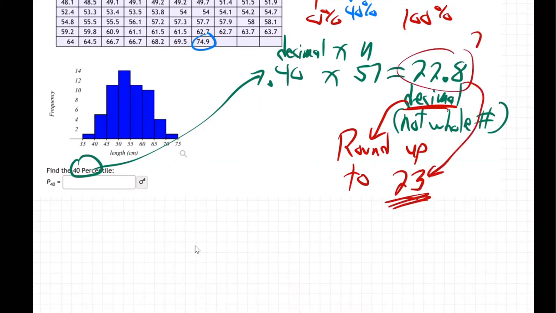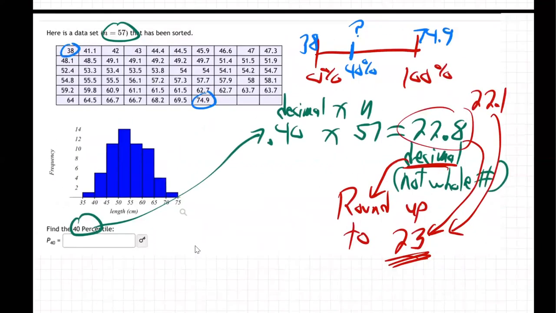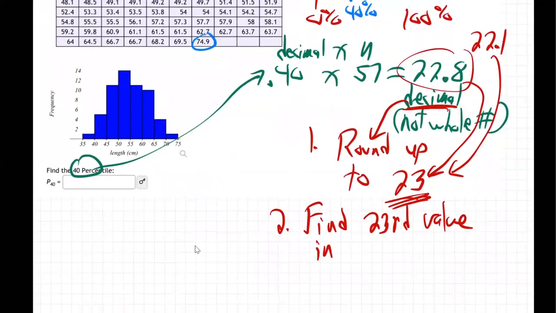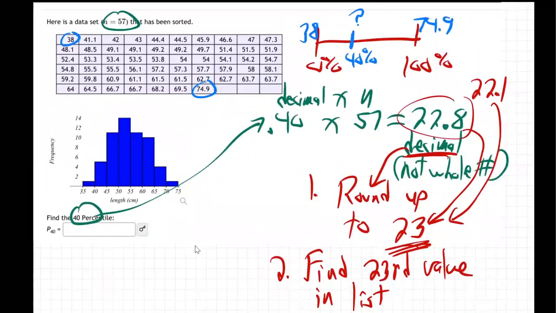Even if that was 22.1, I would still round up to 23. Makes sense? It's up, not round to closest. So 23 means find the 23rd value. It's step 1, and step 2 is find the 23rd value in the list.